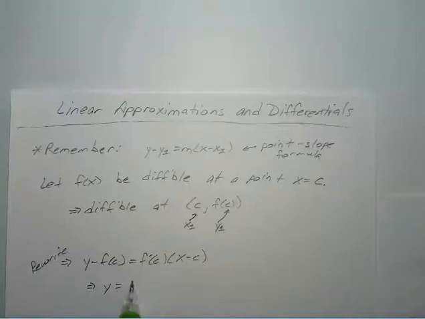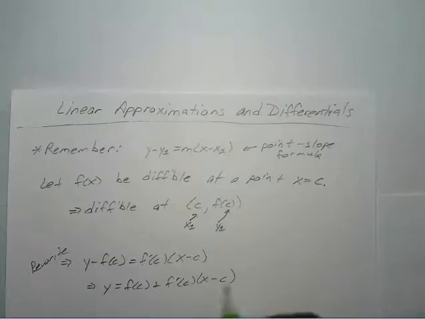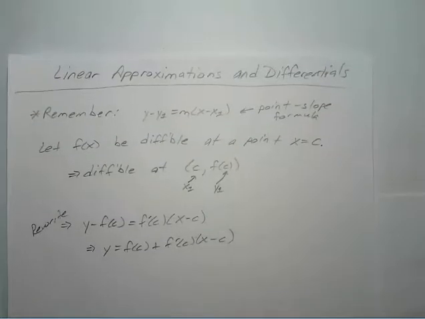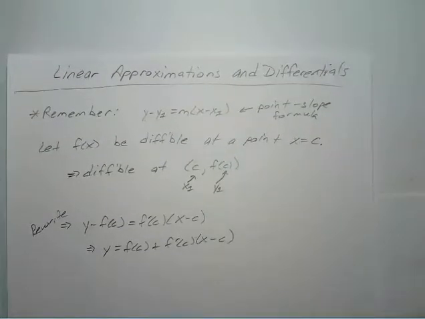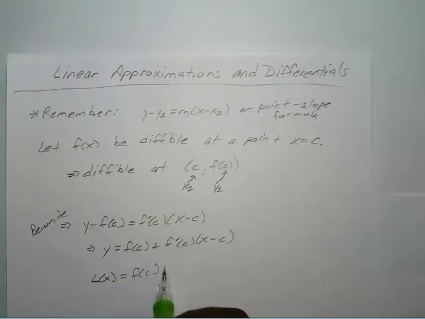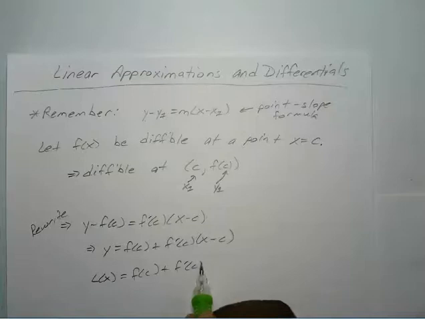So y is equal to f of c plus f prime of c times x minus c. Instead of y, we're just going to make it a function of x. So let's say we have some function that we'll call capital L of x equal to f of c plus f prime of c times x minus c.